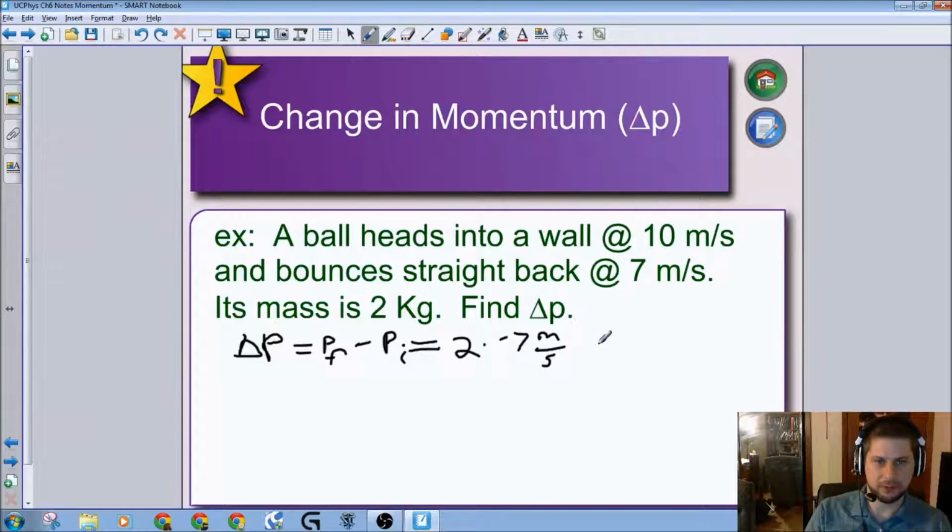That's my final, minus my initial, which would be 2 kilograms times the initial, which was 10.